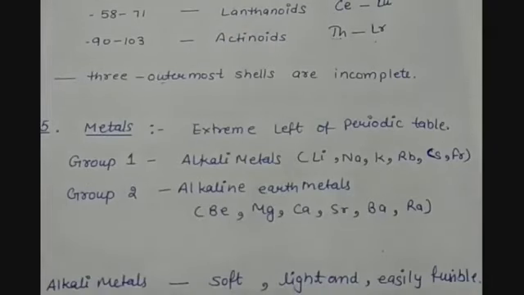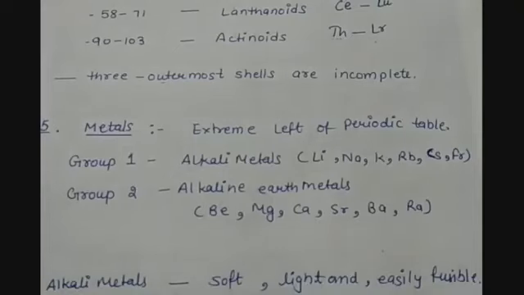Fifth type of elements are metals. Metals, they are placed extreme left of the periodic table in group number 1 and 2. In group number 1, alkali metals, or you can say strong metals, which are lithium, sodium, potassium, rubidium, cesium, francium are present.